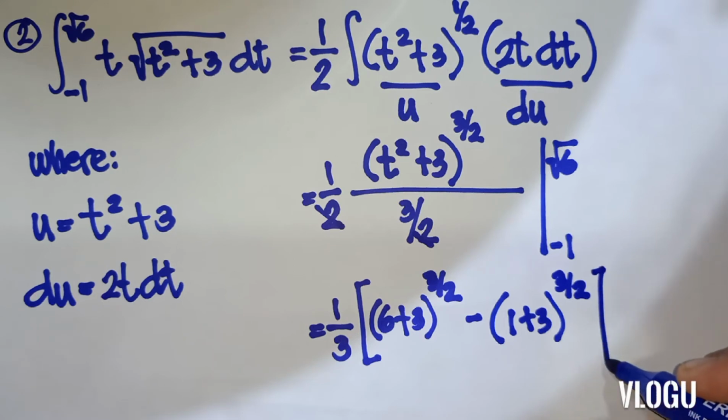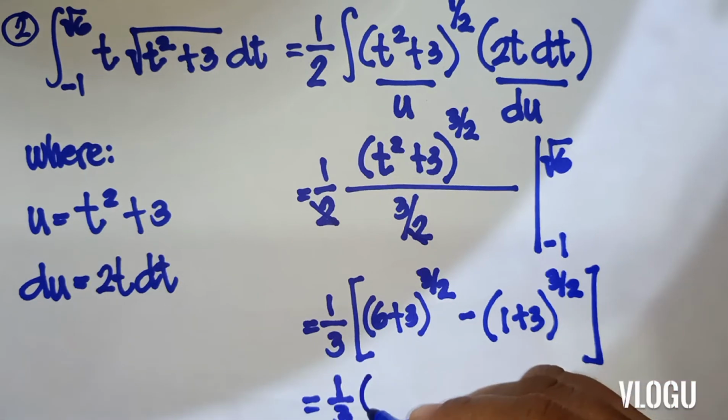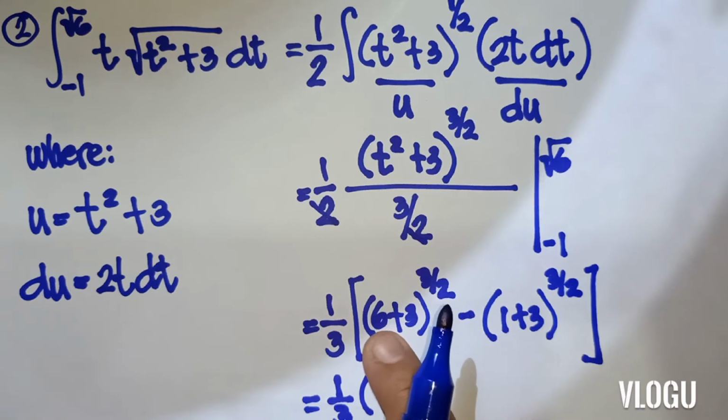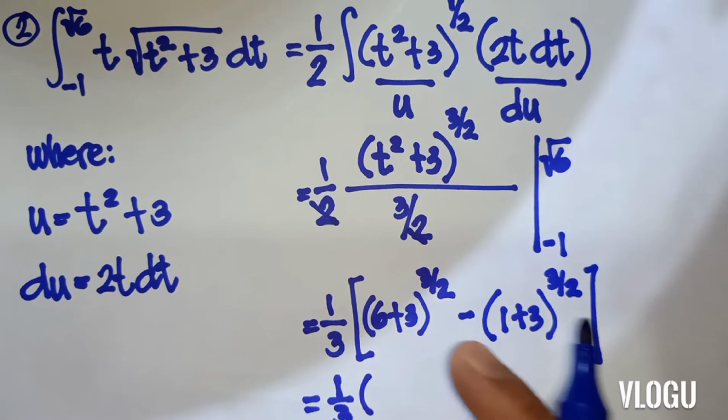So we will have 1/3 times 6 plus 3, that is 9.